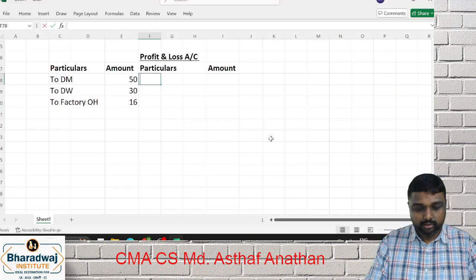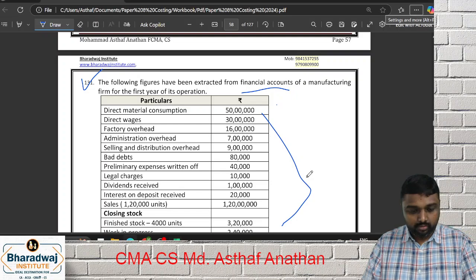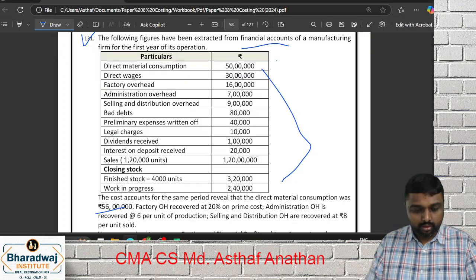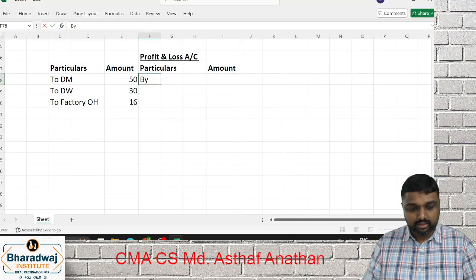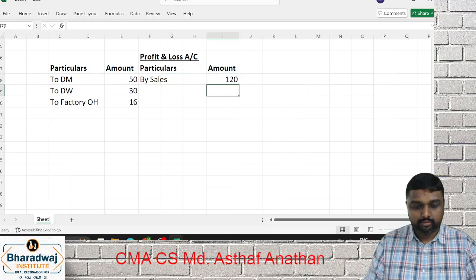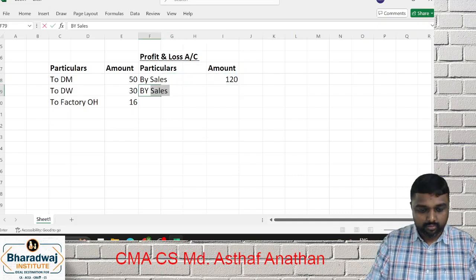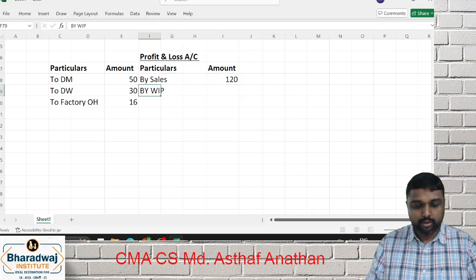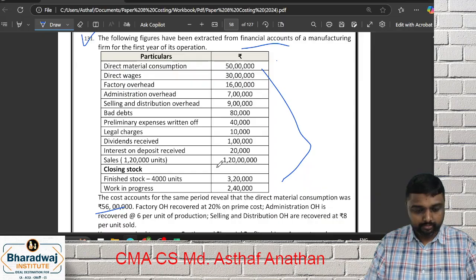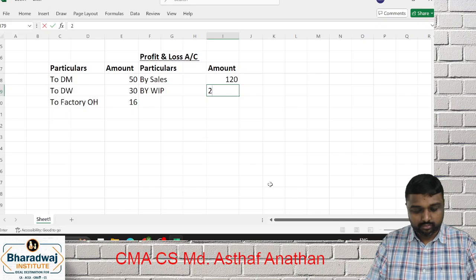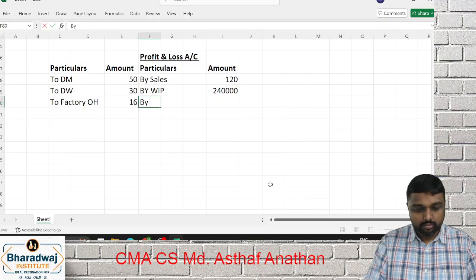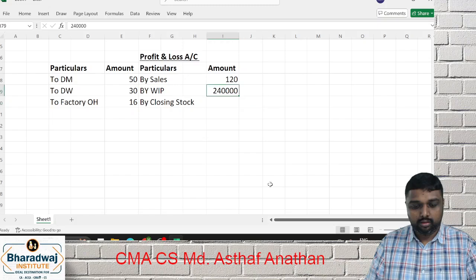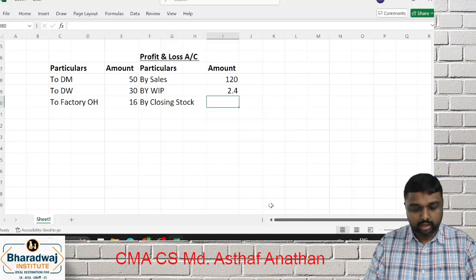Now here, sales 120 lakh, by WIP. See, WIP they said 2 lakh 40, by closing stock. Closing stock 3 lakh 20.